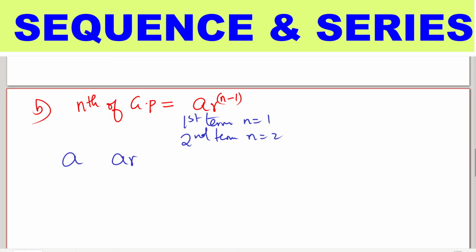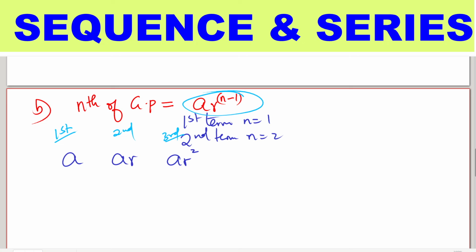And then the third term, n will be 3. Just substitute n is equal to 3 in ar raised to power n minus 1. This will be ar squared. So this is the first term, this is the second term, and this is the third term of a GP.